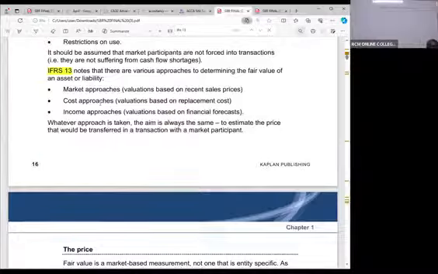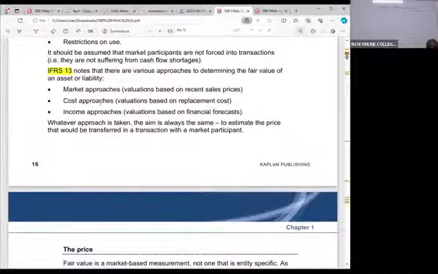Income approaches is what I teach you in advanced financial management, where you project incomes. Once you project incomes, you are able to discount them. If it is an apartment where I'm getting 300,000 every month, so per year it is this much, 30 years down the line, then those cash flows, I discount them.